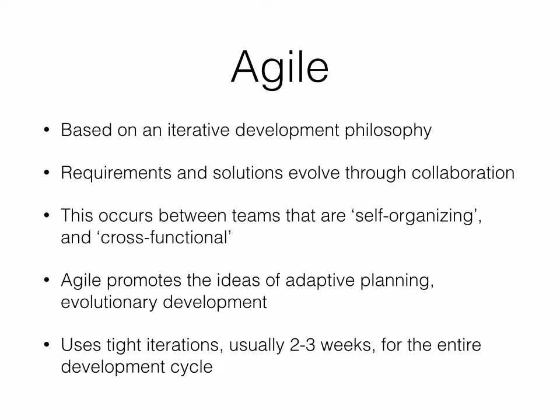Another thing about Agile is it promotes the idea of adaptive planning and evolutionary development, where requirements change all the time, and it's up to the engineers to design for today and adapt to what may change down the future, if and when it does.